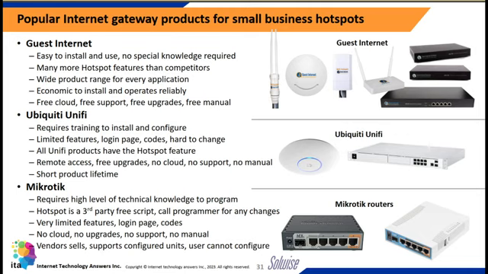A lot of people have learned how to install this product. This product is not for beginners. It has a learning curve. And so this is for the IT people who are installing networks in locations like hotels. And if the hotel needs to make a change, it's going to call the IT company to make that change.